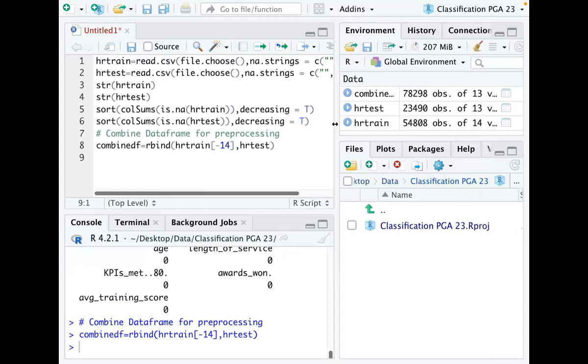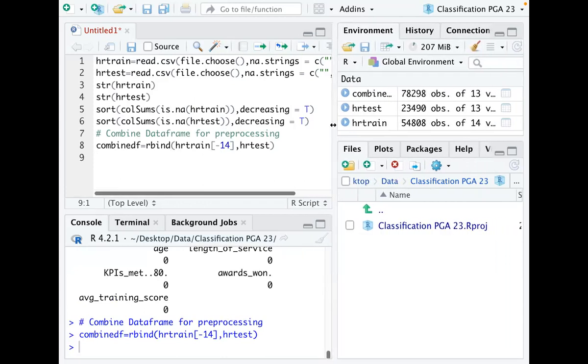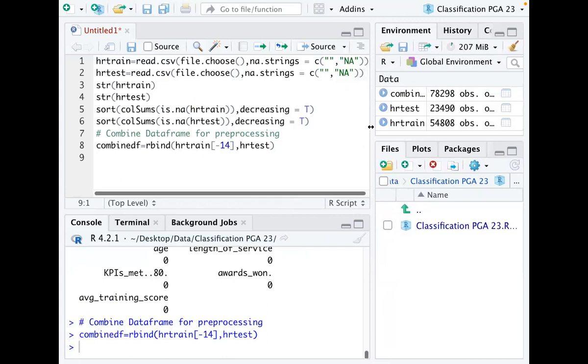So we have a combined data frame of 13 variables. The dependent variable is not there; we have kept it separately. So minus 14 means it will ignore it. It will not delete it. It will ignore it, and the rest of the variables will be taken into consideration.